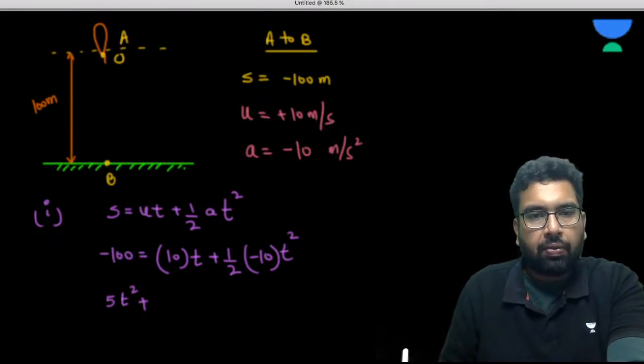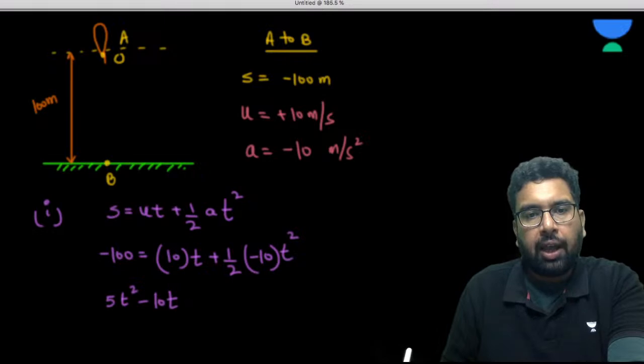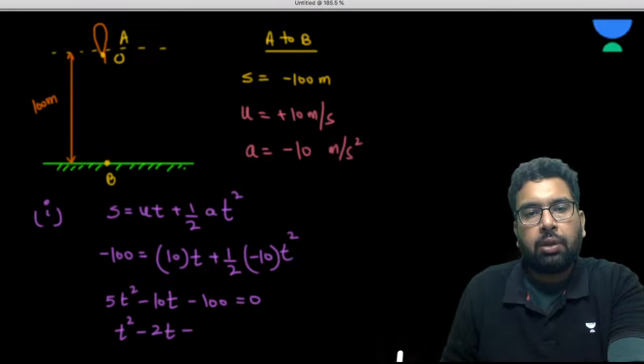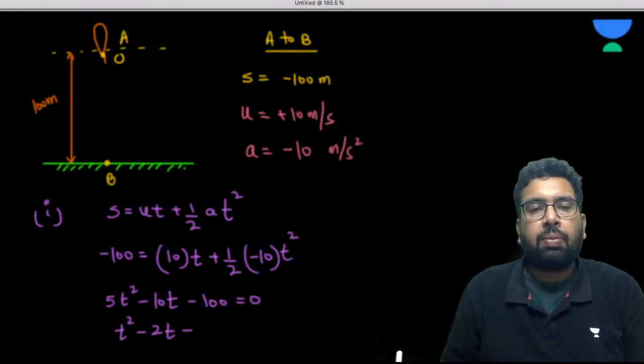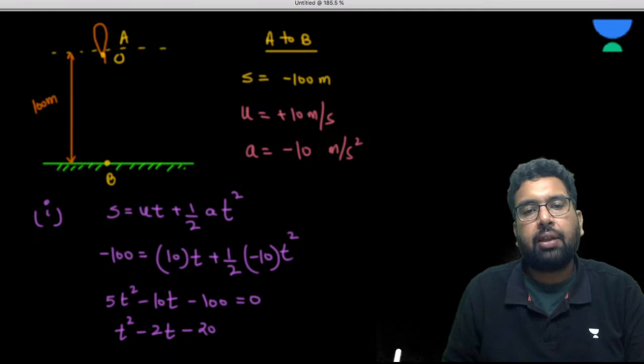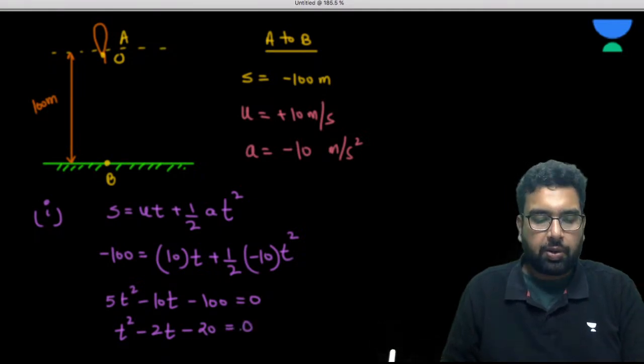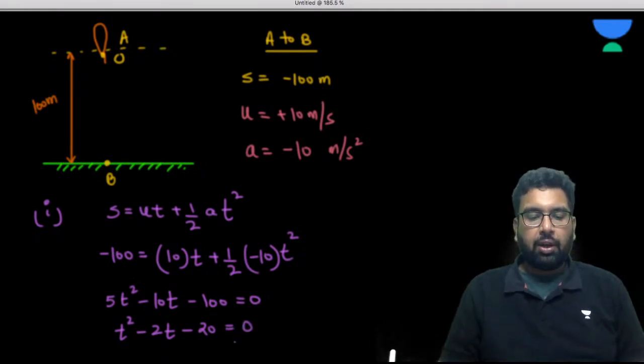If I change the side, it will be 5 t square minus 10 t minus 100. So can I write t square minus 2t minus, 100 by 5, that is 20, is equal to 0?